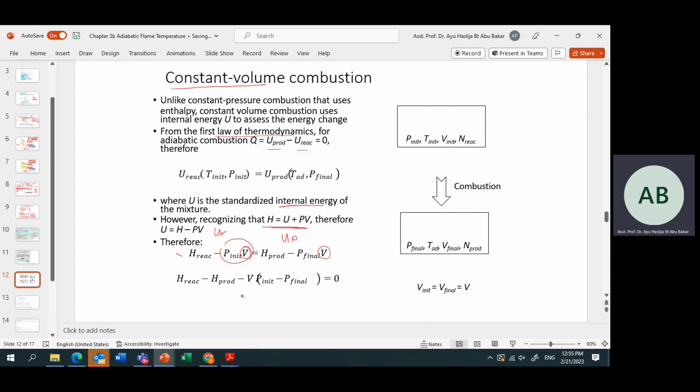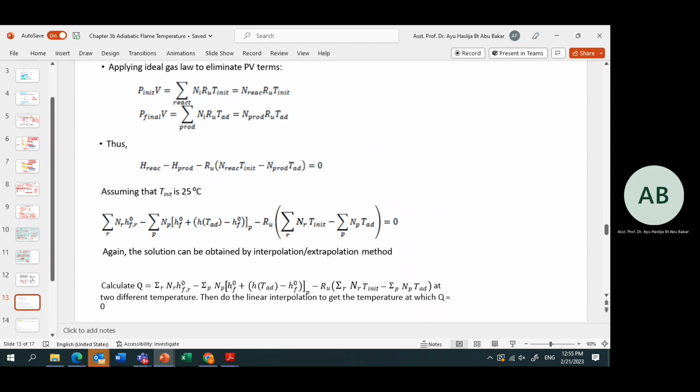So it simplifies the equation where you will have H reactant minus H product minus the volume, then P initial minus P final. This V over there comes from the ideal gas law.